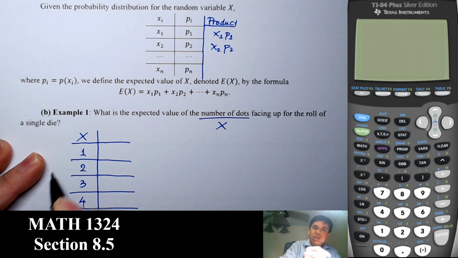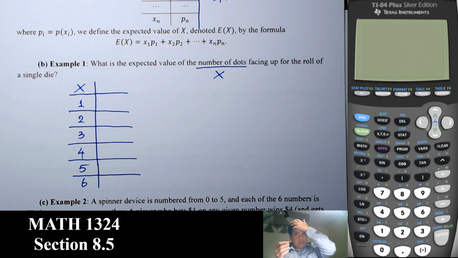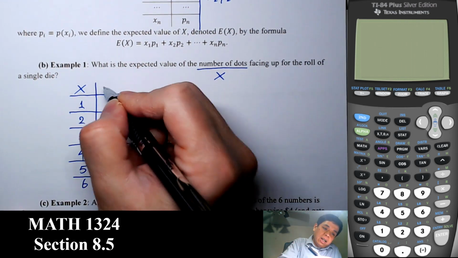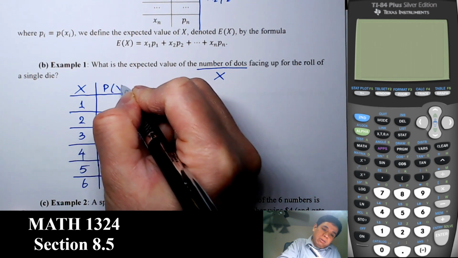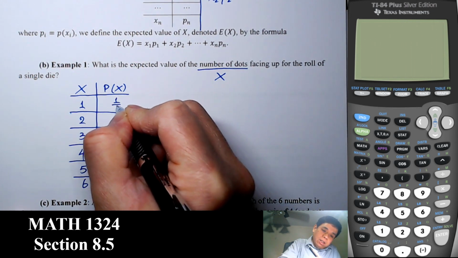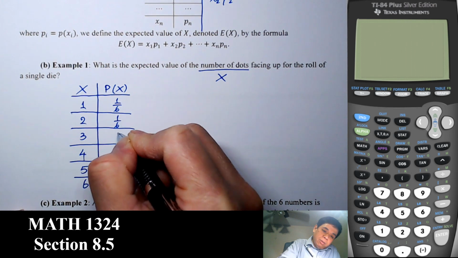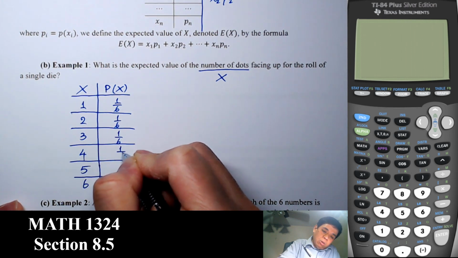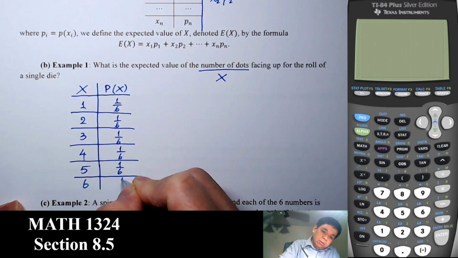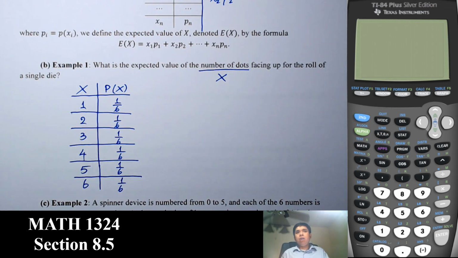Now those are not just events, those are values. It has values of a variable 1, 2, 3, 4, 5, 6, and this is a fair die, we assume. So the probability of each is 1 out of 6.